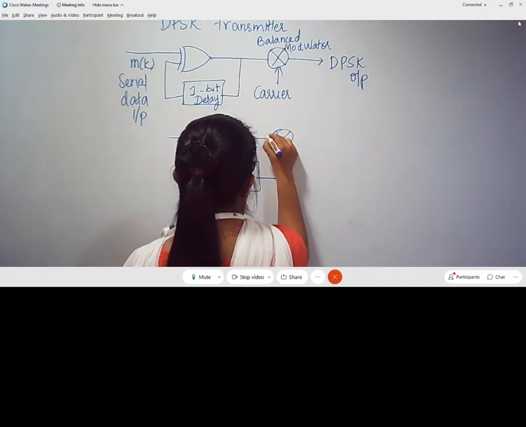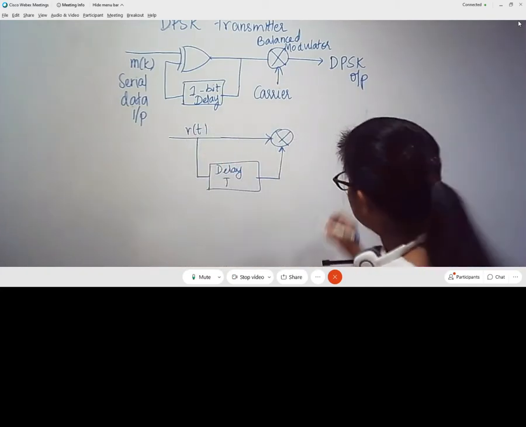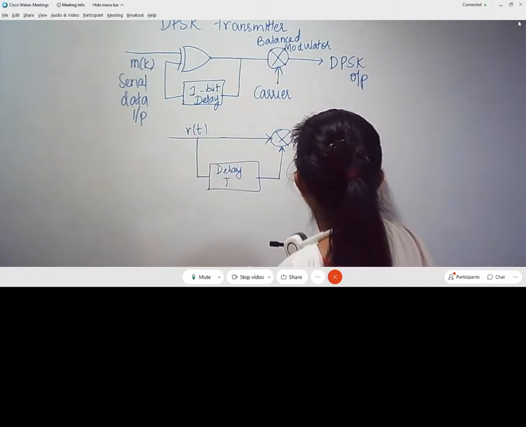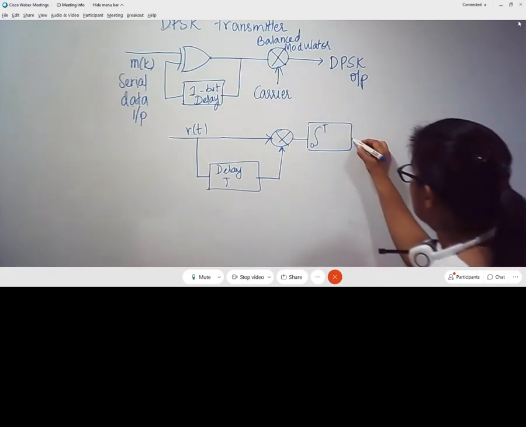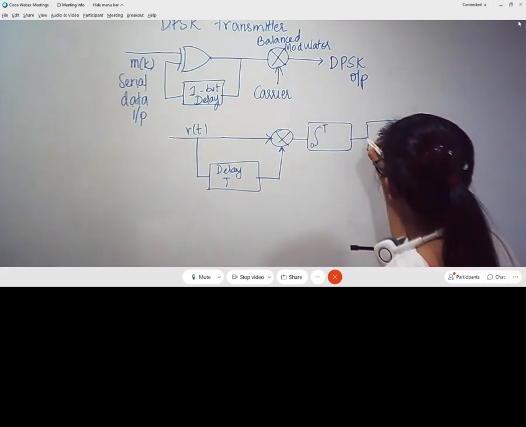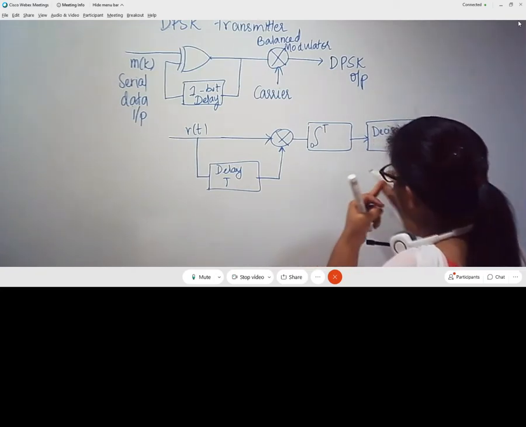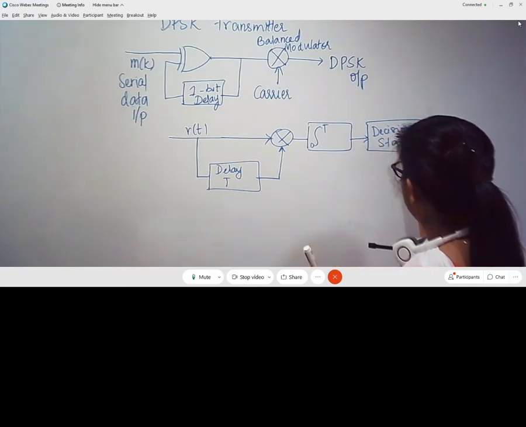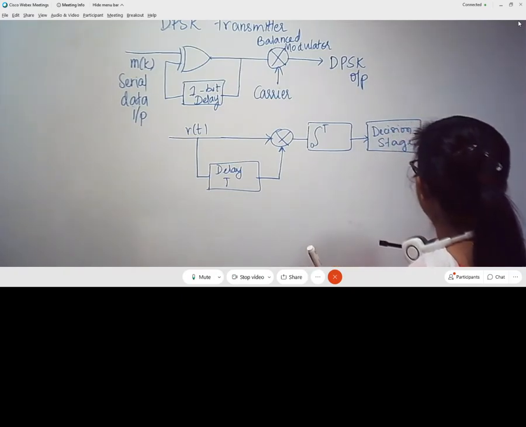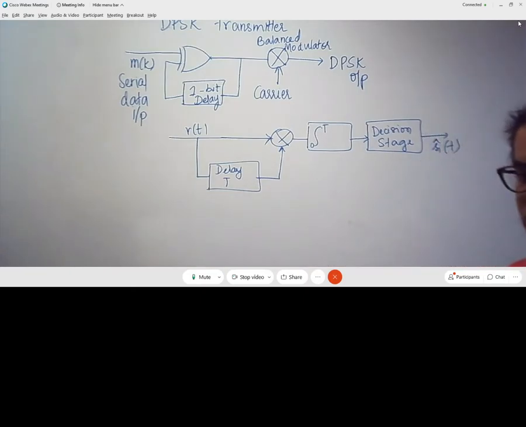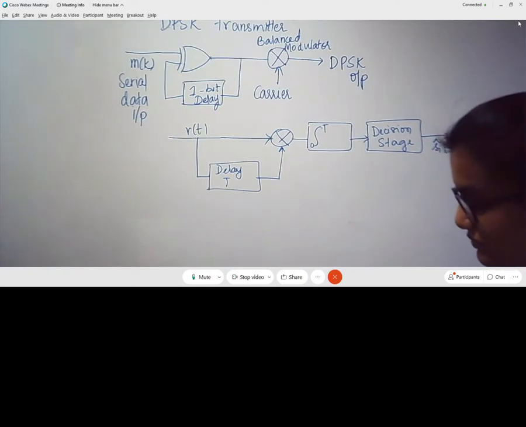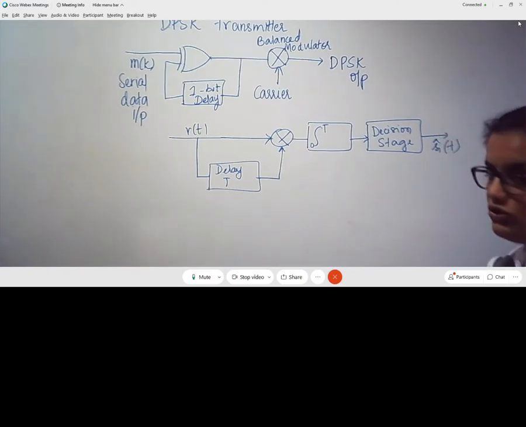I'll be passing to the multiplier like this, and this one will be integrated over the symbol duration 0 to t, and next we will be passing it to the decision making stage, which will identify the given zt will be either a 0 or a 1, and obtained output would be the signal copy or recovered signal copy, that is si of t. Make a note of this.